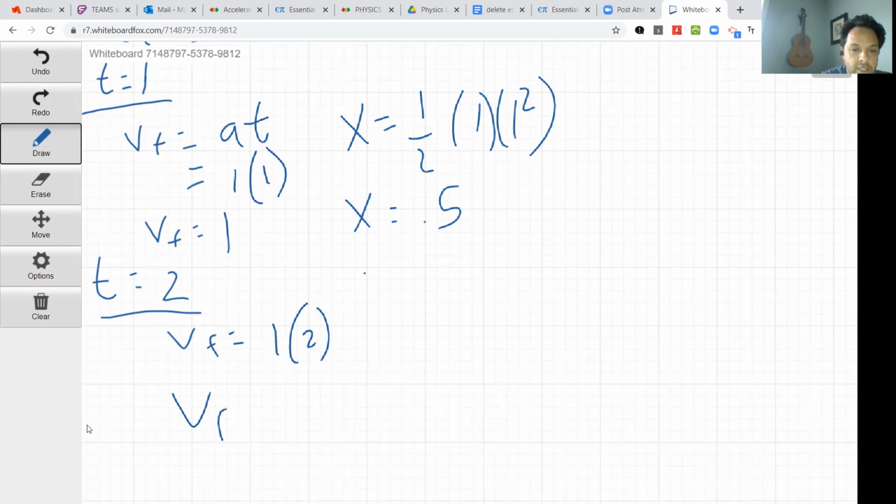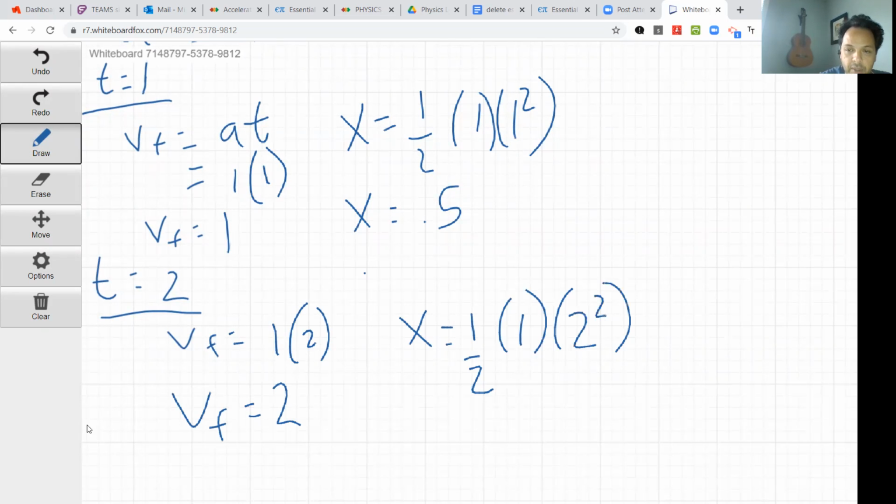So the final velocity is 2. What about the x? 1/2 times the acceleration times 2 squared. 2 squared is 4, so half of that is 2. All right, so let's input those. The first one is 1 and 0.5.